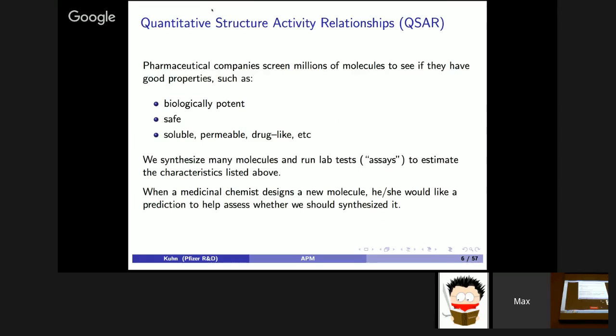For a lot of these compounds, we screen them in laboratory tests called assays. What the assays measure is whether something is potent, so whether it's hitting the target that we want it to hit, and whether it's toxic or safe. We have assays for whether something's permeable or how greasy it is and that sort of thing.